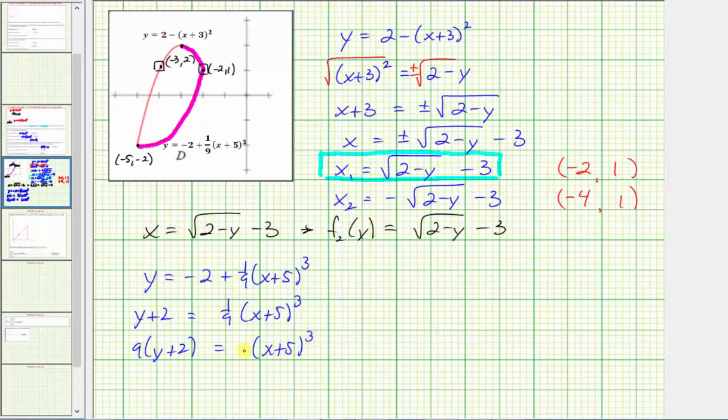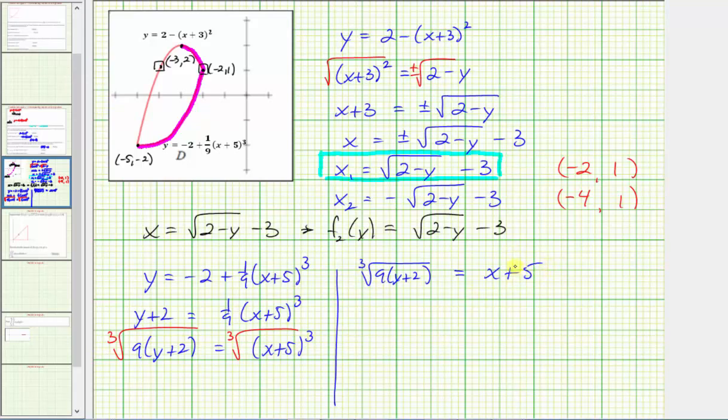To undo the cube, we take the cube root of both sides. We could also raise both sides to the 1/3 power. So now we have the cube root of 9 times the quantity y plus 2 equals just x plus 5. When taking the cube root of both sides, remember we do not need a plus or minus on the left.